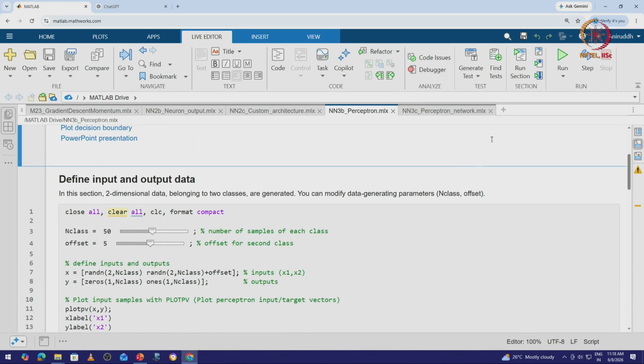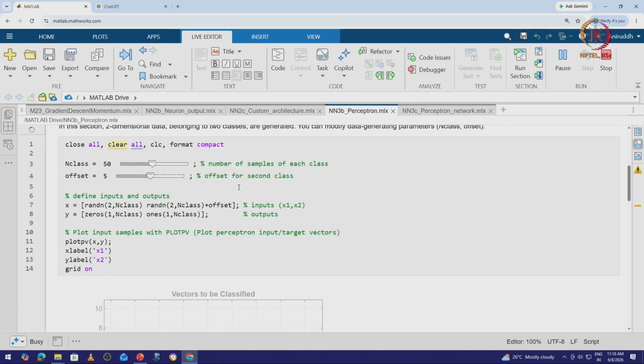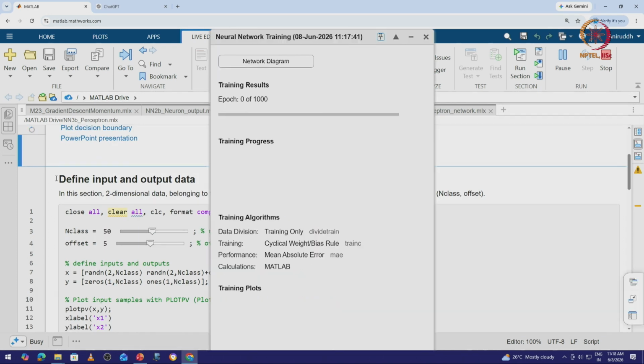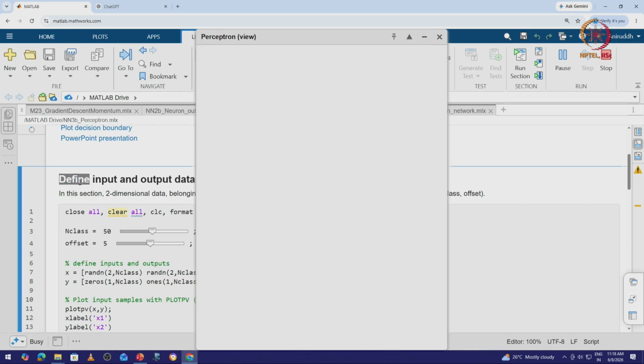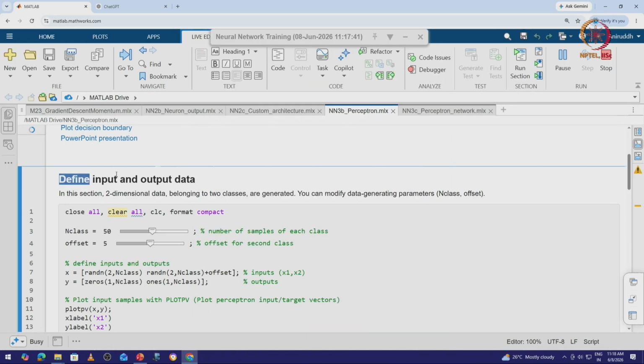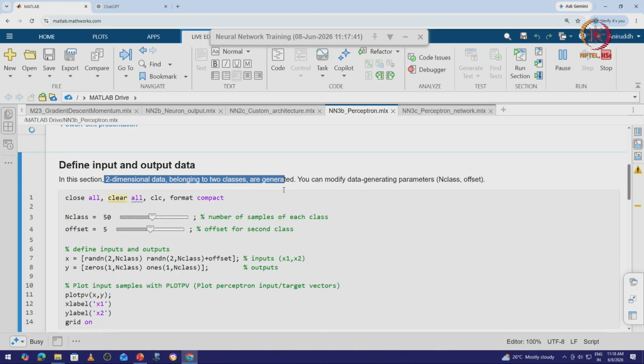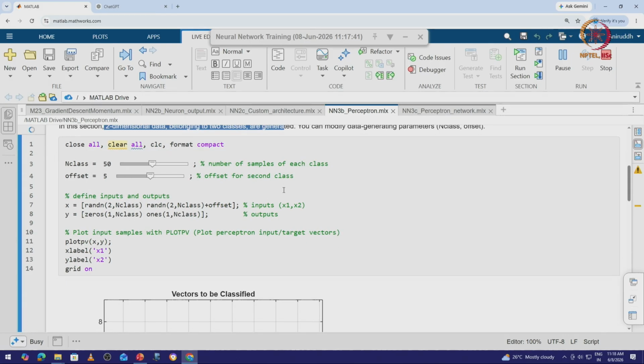Let us define an input and its corresponding output. In this particular code, let us define the 2-dimensional data and try to see how it is visualized.